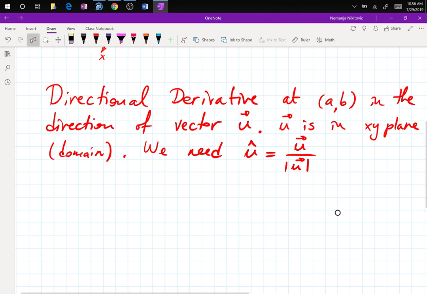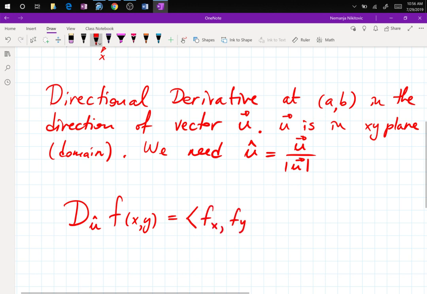So now the directional derivative in the direction of vector u, and I'll put u hat, of the function computed at A, B, let's just do x, y, in general is going to be the vector of partial derivatives dotted with u hat.